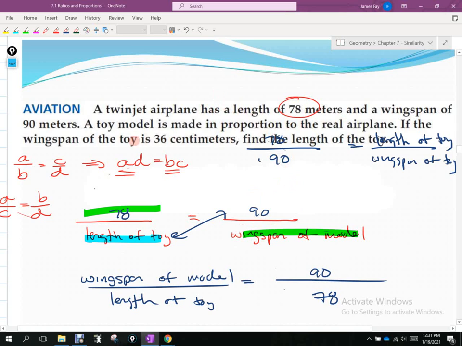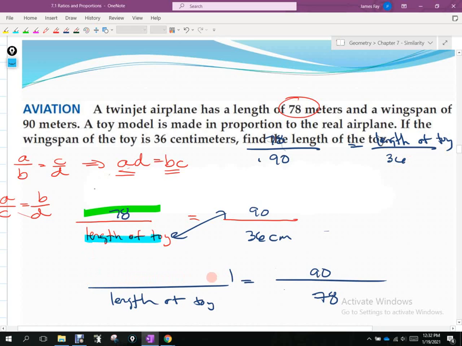And then we say if the wingspan of the toy is 36 centimeters, wingspan of toy 36 centimeters, wingspan of toy 36 centimeters.